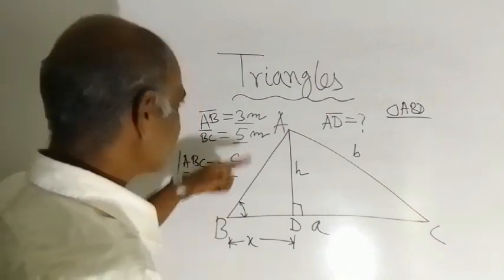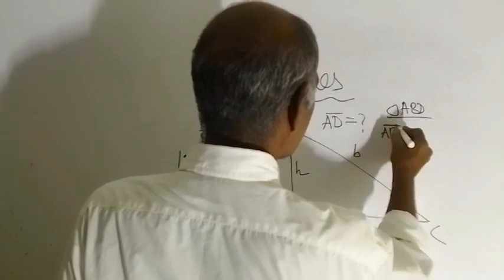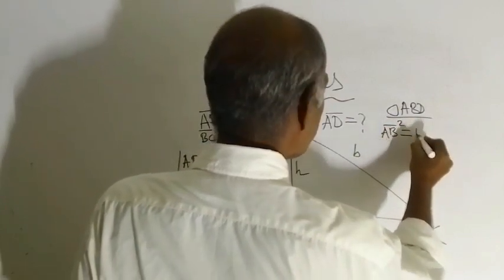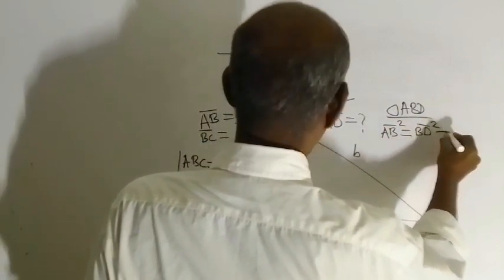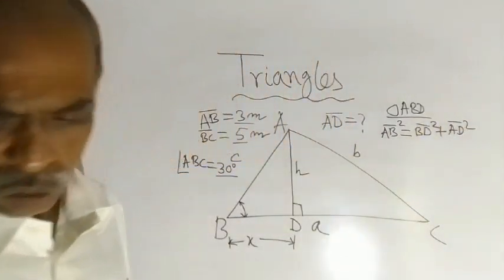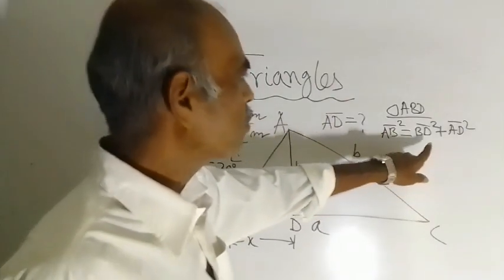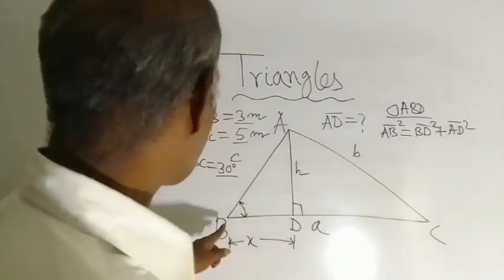Then we can easily write from this triangle that AB square is equal to BD square plus AD square. Can you see AB square? Again I want to check. Yes, that is visible. AB square is equal to BD square plus AD square. Now AB square, how much?